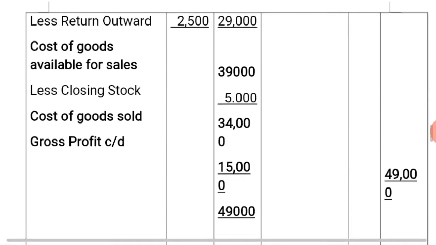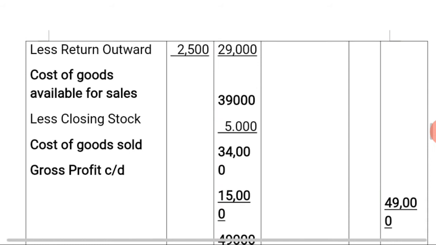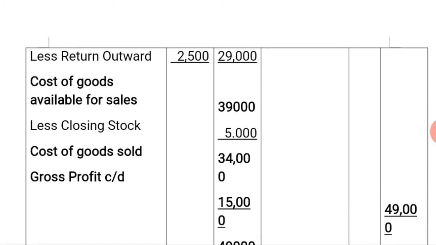Then you less return outward, so the balance is 29,000. By adding that 29,000 to opening stock, you have 39,000, which is referred to as cost of goods available for sales. From that cost of goods available for sales, less closing stock of 5,000 naira, then you have cost of goods sold of 34,000.